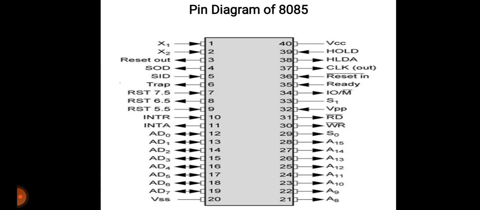You can see that the pin diagram of 8085 has two sides. In the LHS side there are pins 1 to 20 and in the RHS side there are pins 21 to 40.